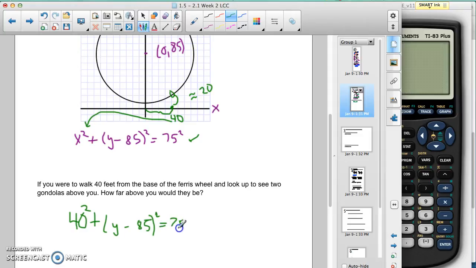So if I take my calculator and compute these two values, 40 squared is 1600 and 75 squared is 5,625.